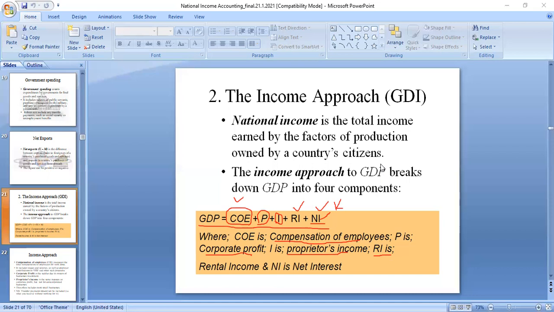Then we add them all to get the final value, which we call the gross domestic income or the gross domestic product, because it's all national income. So if you feel like you've forgotten the method, just go back and get the logic: what are the factors of production, and what are their payments? There, it will be easier for you.